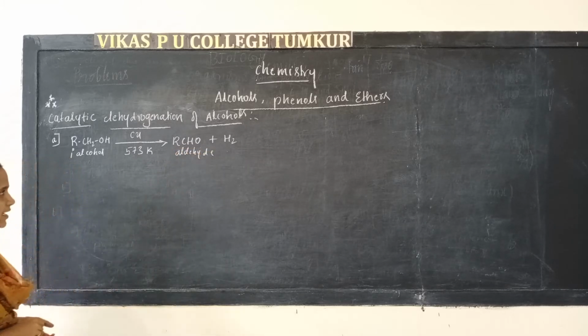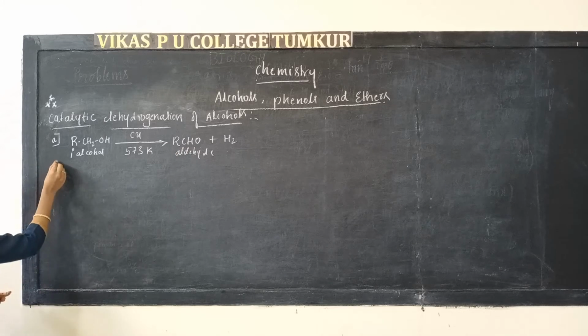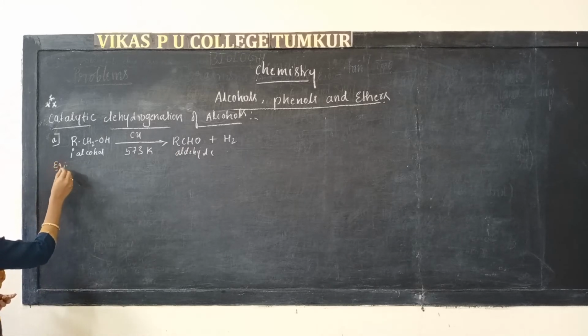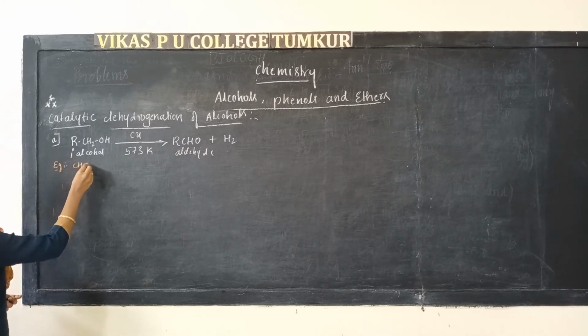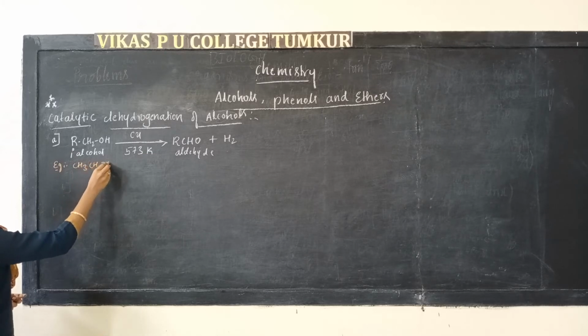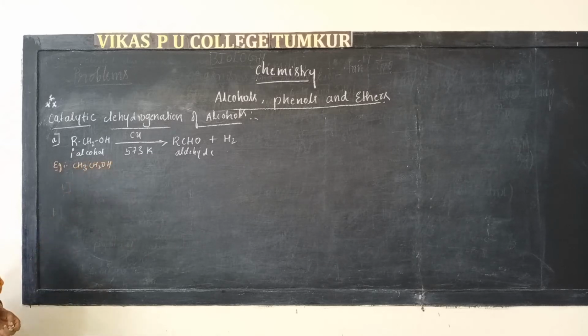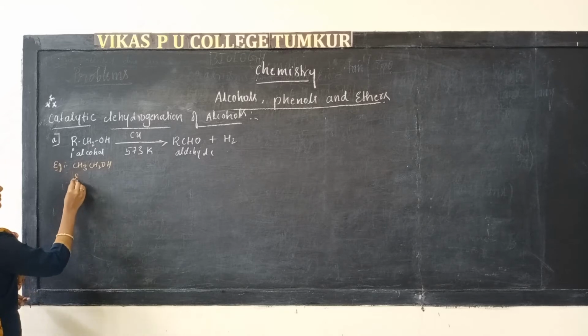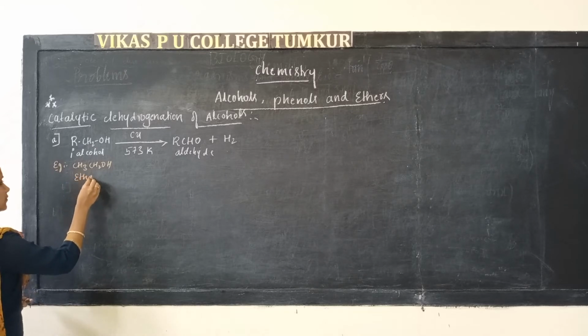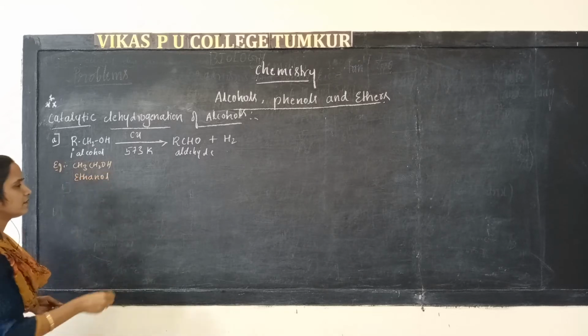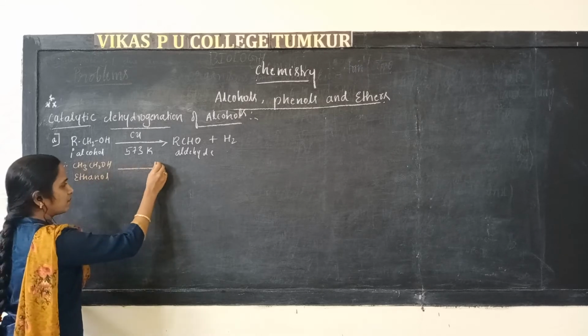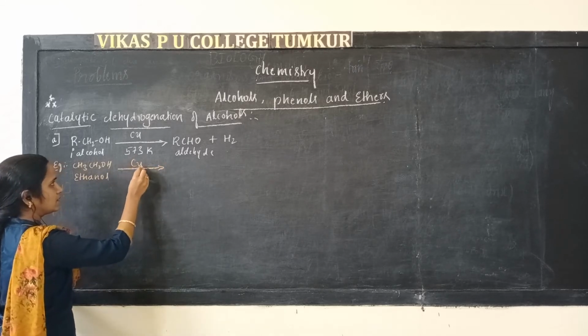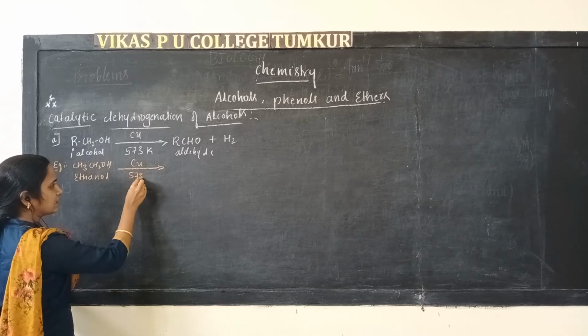For this we can discuss an example. There is CH3CH2OH. The name of this compound is ethanol. These vapors of ethanol are passed through copper at 573 Kelvin.